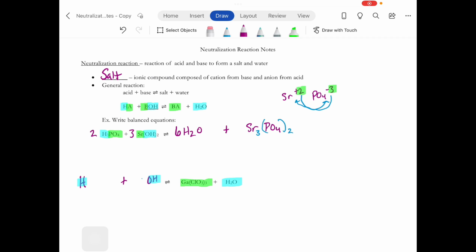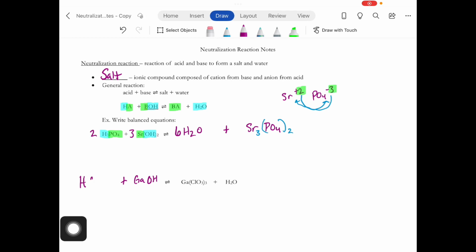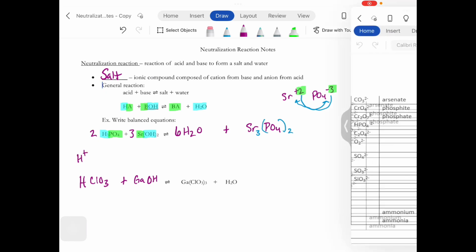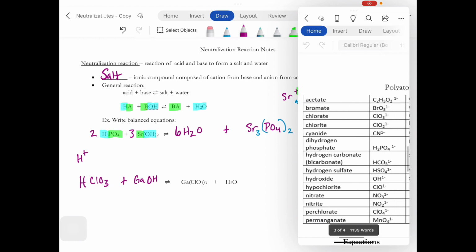So this is going to be a Ga. Then the back end, the ClO3, is going to go with your H. And then we have to worry about crossing charges over. So hydrogen, if you remember, is a +1. And ClO3, let's find that charge. ClO3 is on the back. It is right here.